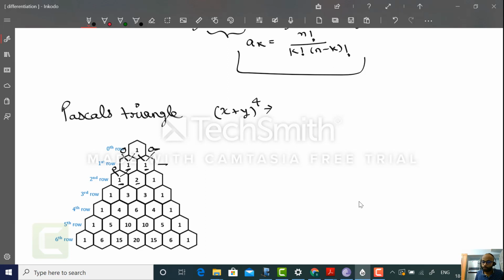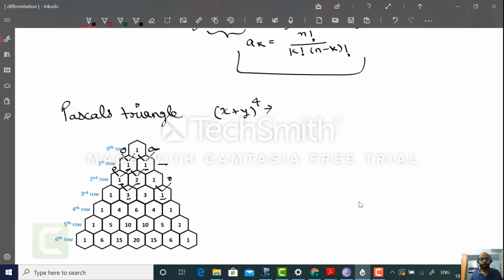For this 2 it will be 1 plus 1. Similarly, this 3 it will be 1 plus 2. This one is 1 plus 0. So this triangle is pretty straightforward. Just keep on writing terms as summation of the two terms which are just above it, right?